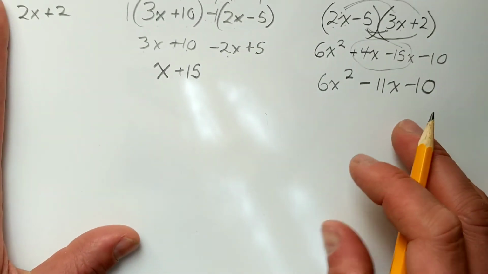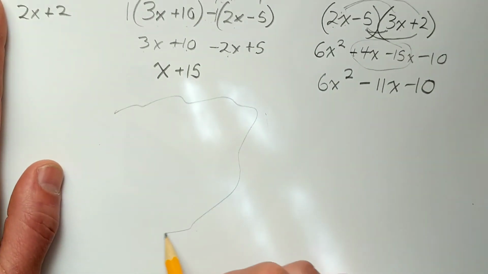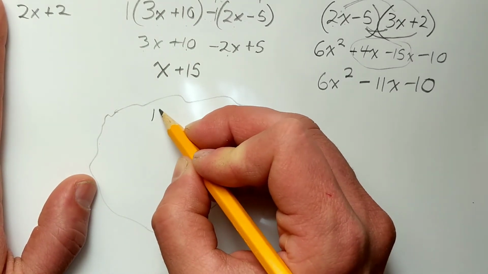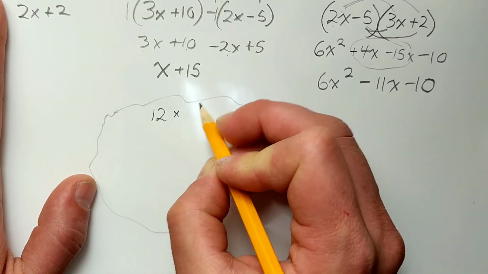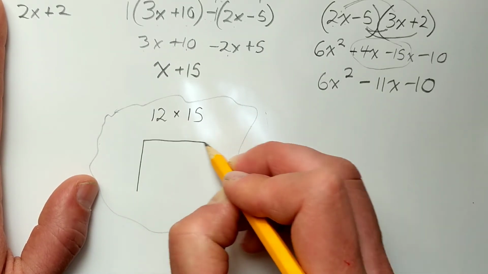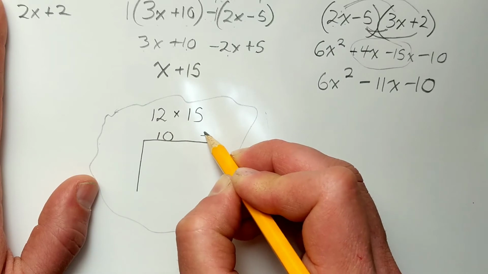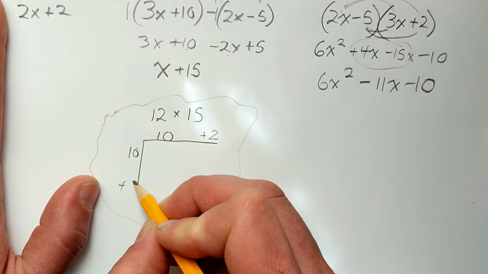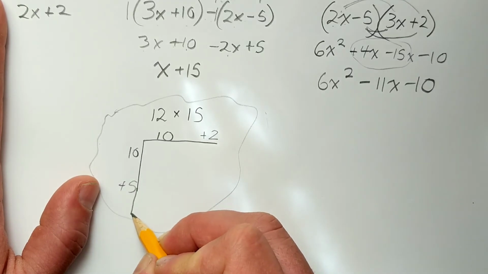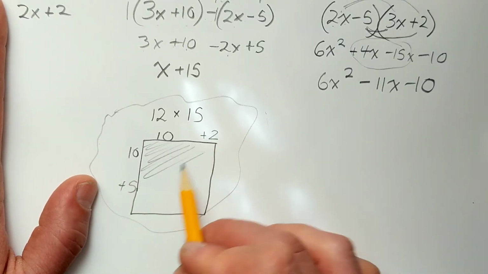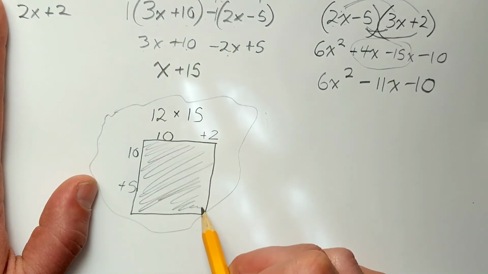And first I'll go back and do a little reminder. Middle school. What if I had 12 times 15? One way to do that is to say that I have an amount here, 10 plus 2. That's the 12. And the other amount is 10 plus 5. That's the other amount. And these are two sides of a rectangle, and we want the area.